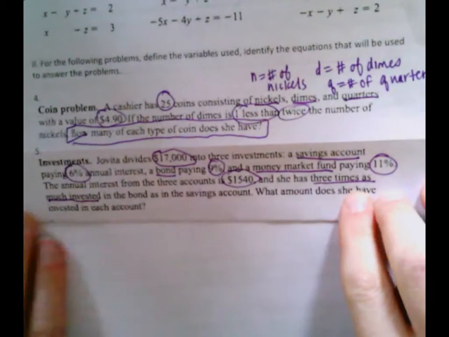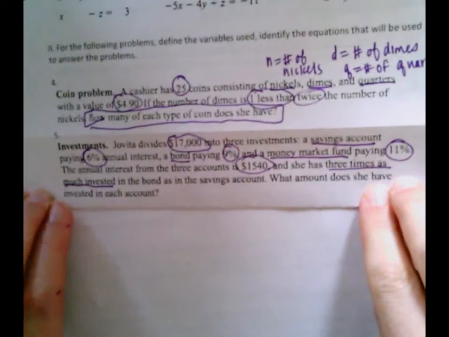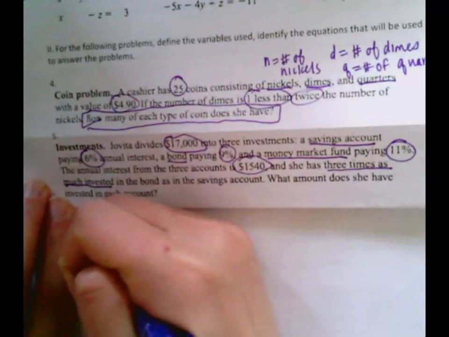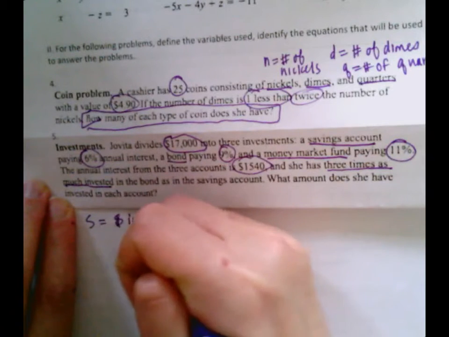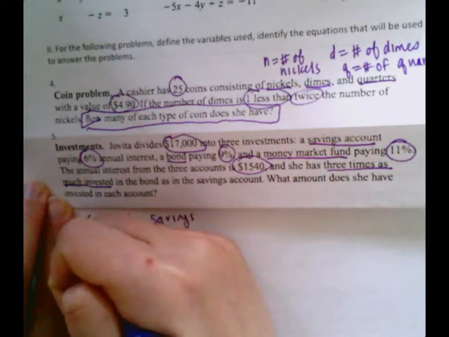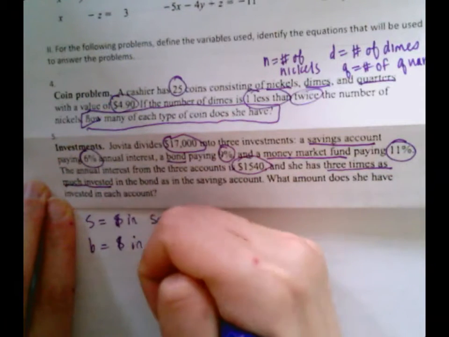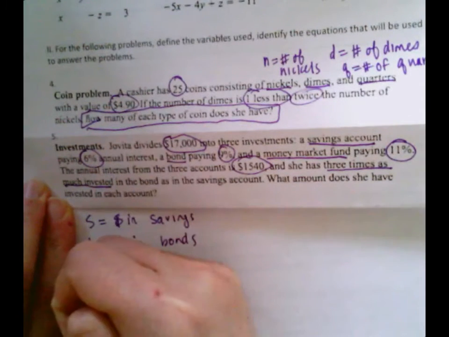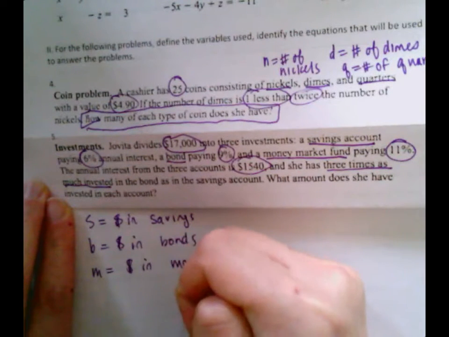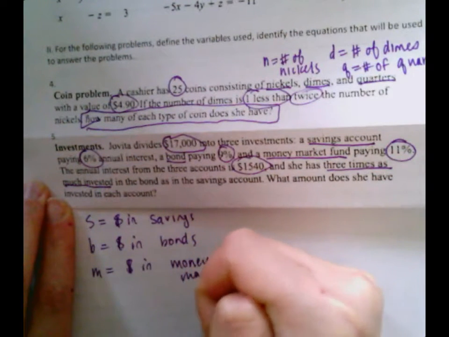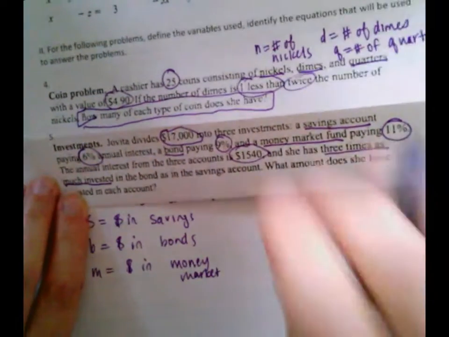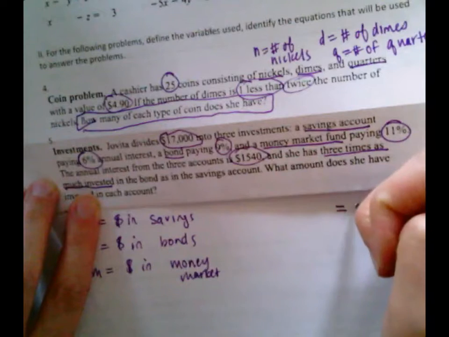Okay, so first of all, our variables are going to be the savings account, the bond, and the money market fund. So I'll say S is the money in the savings, B is the money in bonds, and then M is the money in the money market fund. Okay, so now one of my equations I'm going to set up is going to be equal to the total amount of money.